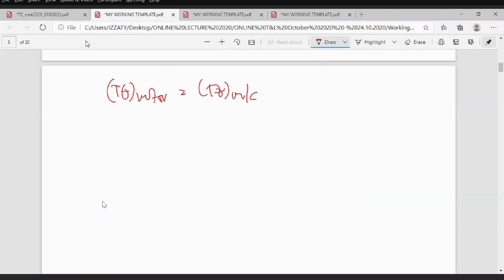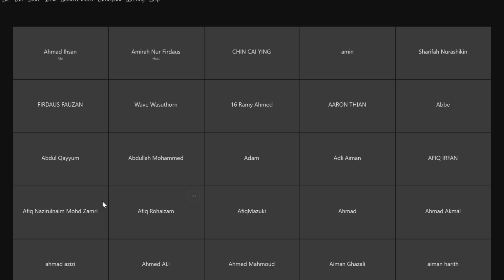Screen is frozen. We are not able to complete your request at this time because one of your colleagues has a problem with the internet connection. Can you hear me, class? Yes, doctor. We can hear, doctor, but cannot see. Your screen is frozen. The screen froze for 1 to 2 minutes already. What happened to you now?